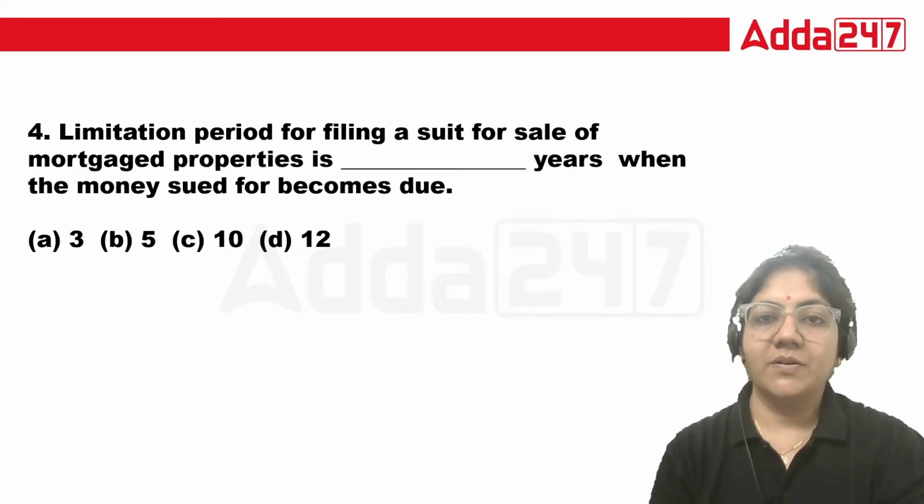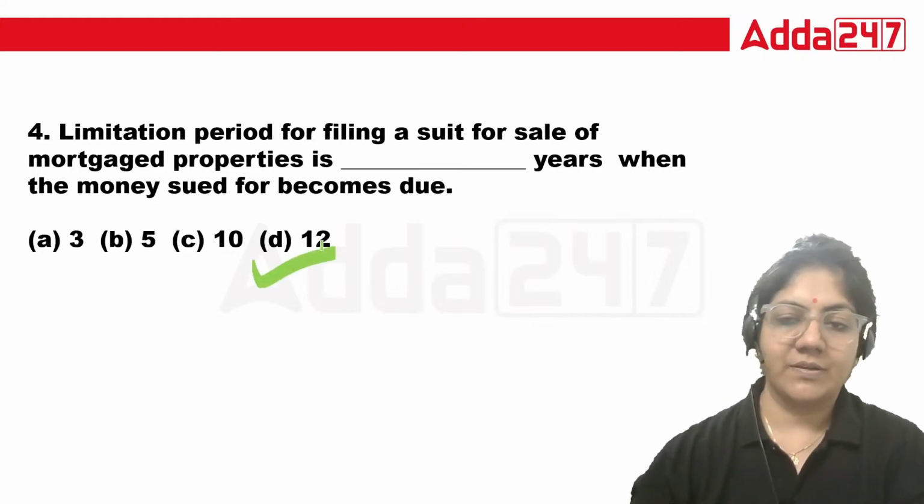So, class, the limitation period for filing the suit is basically 12 years. So this is the right answer. Okay.